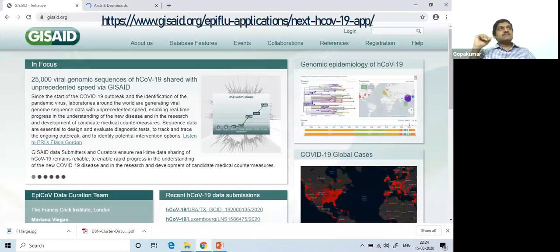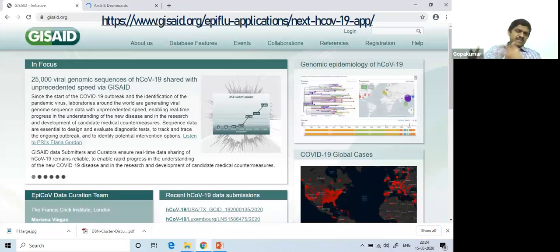Okay. So each country has its own research labs, and they have sequenced the genome from their own infected patients. And there is a consortium called GISAID, which helps researchers assimilate all these various sequenced genomes, so that researchers can use them for further research like drug development or vaccine development.